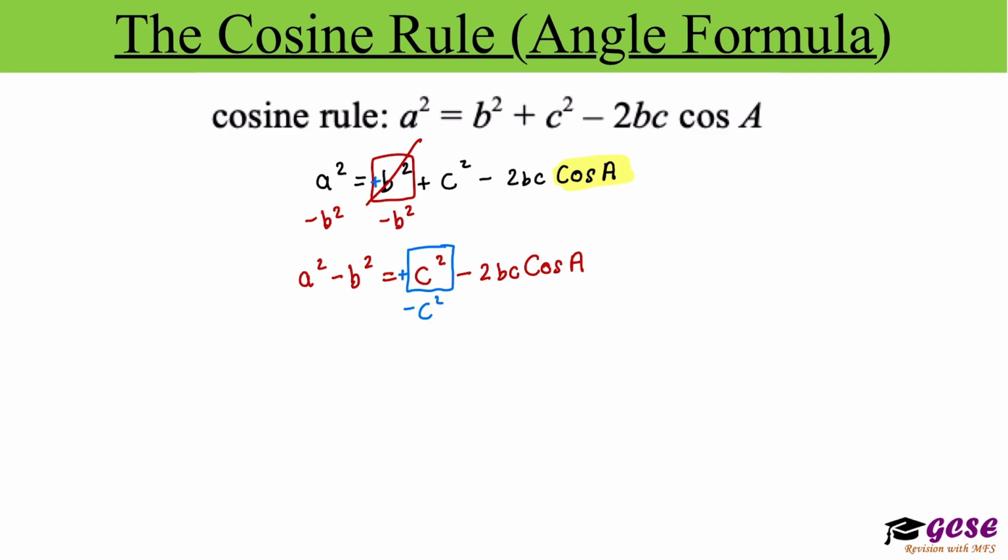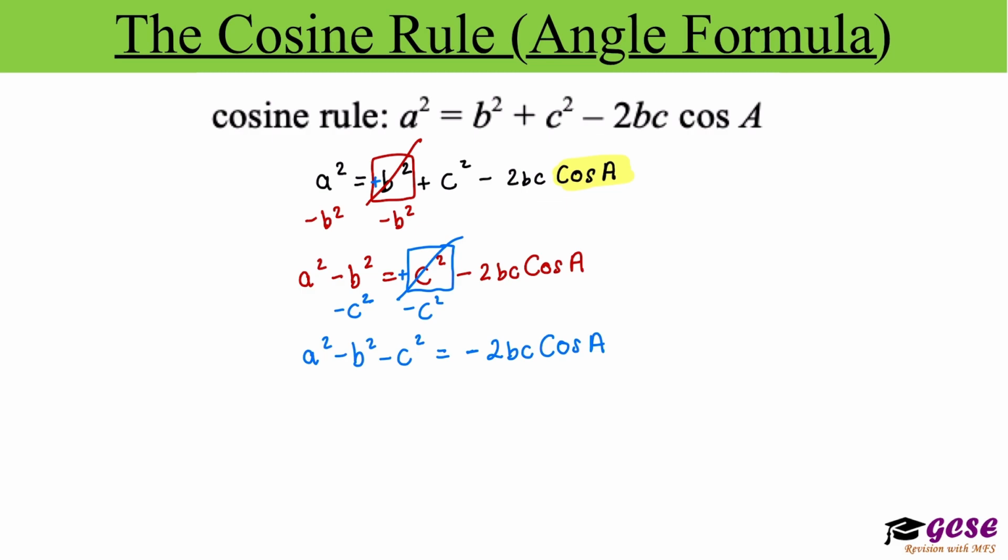And whatever we do to one side, we must do to the other side. So we're going to subtract c squared from this side as well. And that's going to get rid of the c squared on this side. So now we're going to have a squared minus b squared minus c squared equals minus 2bc cos a.